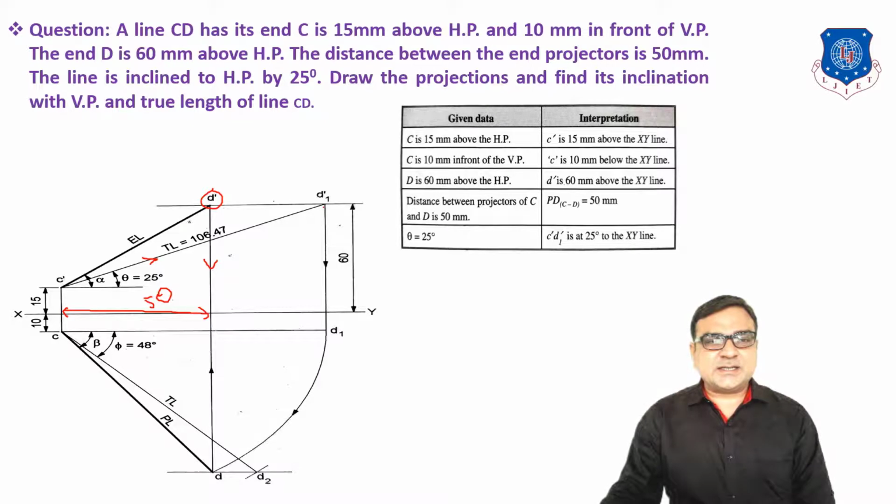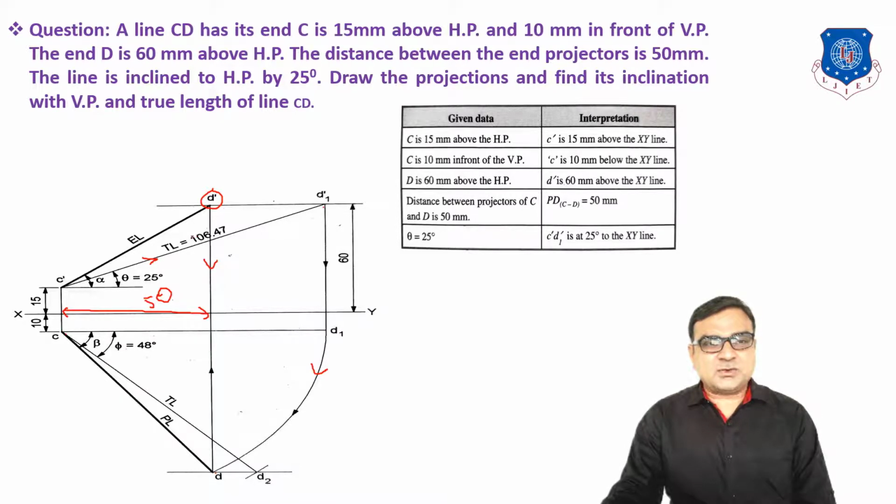So C dash D dash is the elevation length, and on this vertical line, by taking C as center and CD1 as radius, draw one arc, and the intersecting point is T. Now join CD in the top view.